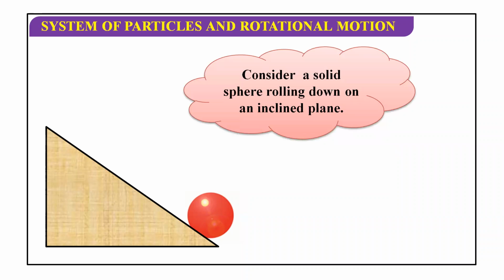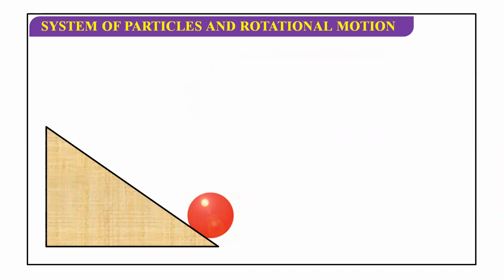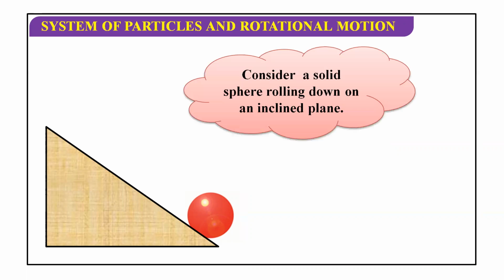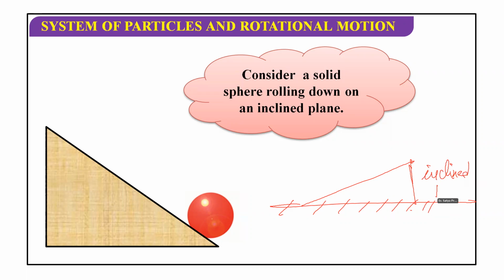Consider a solid sphere rolling down an inclined plane. Now, can anyone tell the difference between an inclined plane and a wedge? I already told you so many times. This is an inclined plane, right?